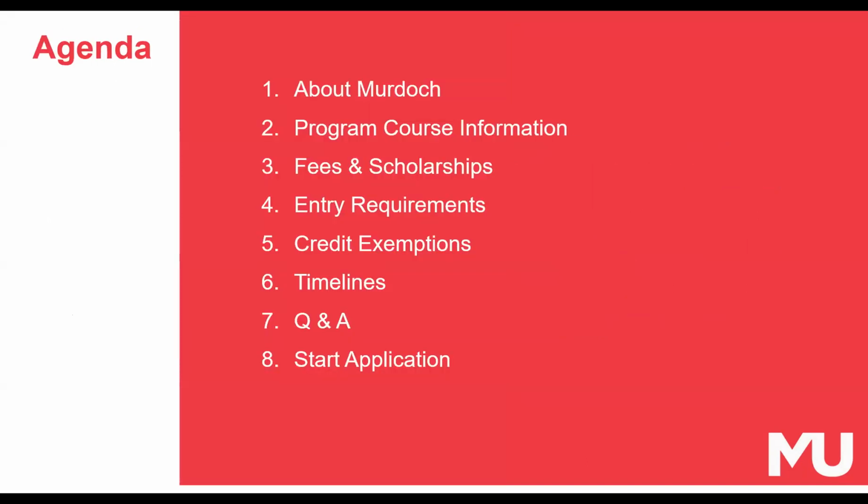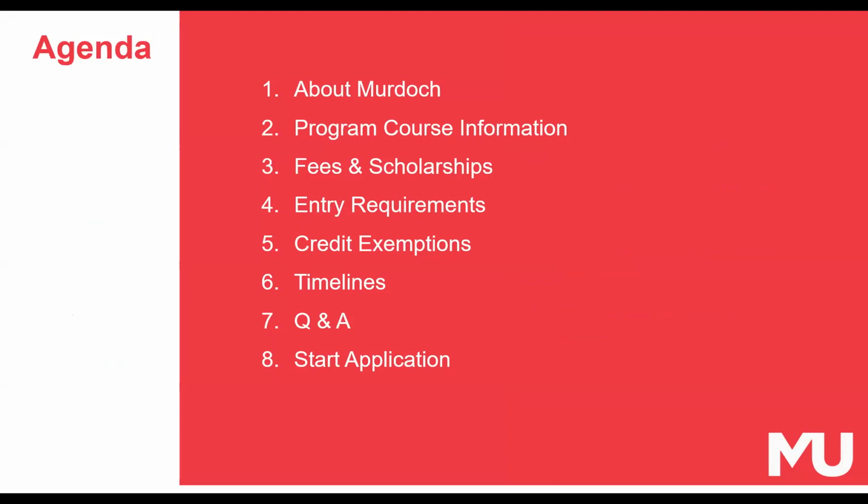So what are we going to talk about today? We're going to talk a little bit more about Murdoch University. We will also talk about the program information, the units, and the course structure. We would also talk about fees and scholarships, and how you can apply for scholarships. We would talk about the entry requirements.